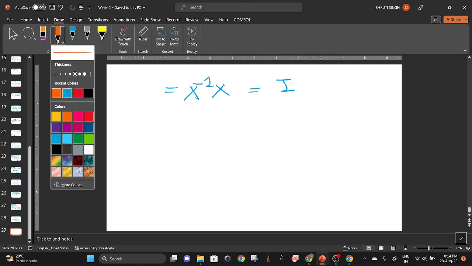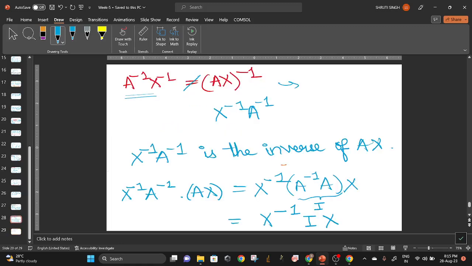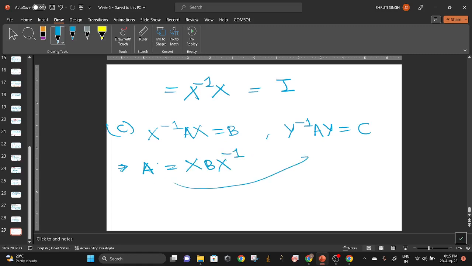So suppose X inverse A X is equal to B, and A is conjugate to C also, with some other Y, Y inverse A Y is equal to C. Okay, so from here we can write A is equal to X B X inverse, and let me put this in this.